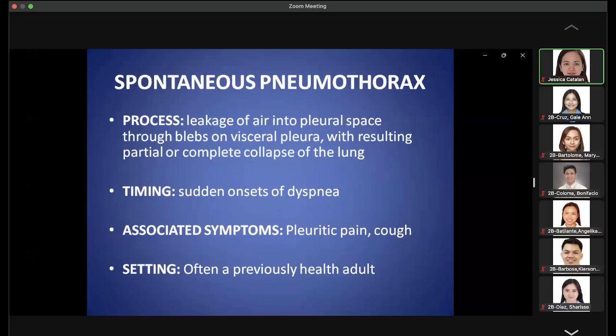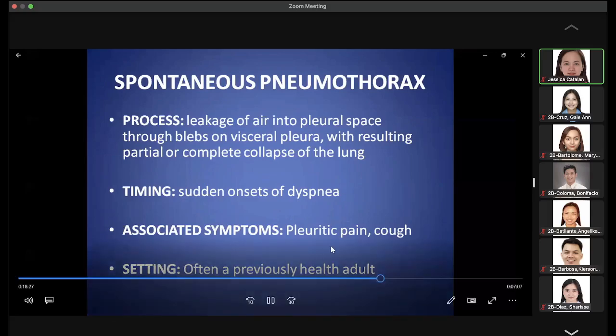Next would be spontaneous pneumothorax. So in spontaneous pneumothorax, there is leakage of air into the pleural space, through ruptured blebs on the visceral pleura. This results in partial or complete collapse of the lung. So timing would be a sudden onset of dyspnea.